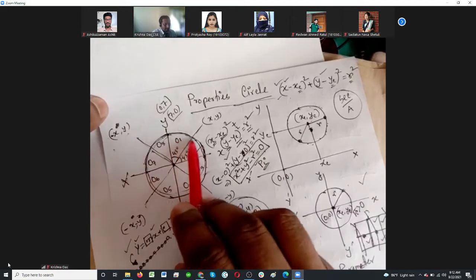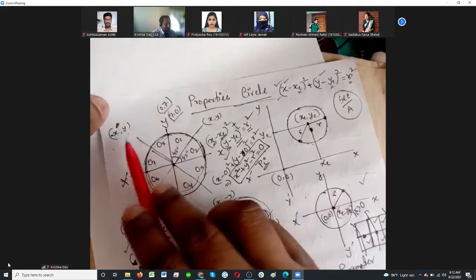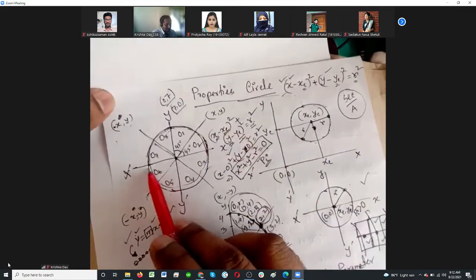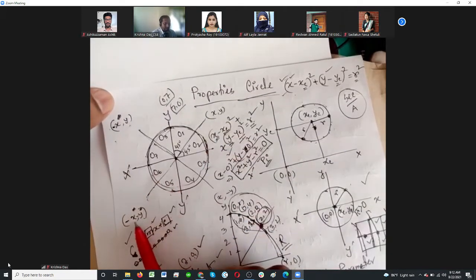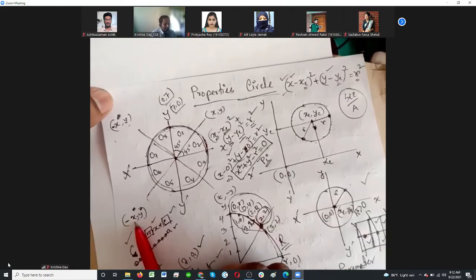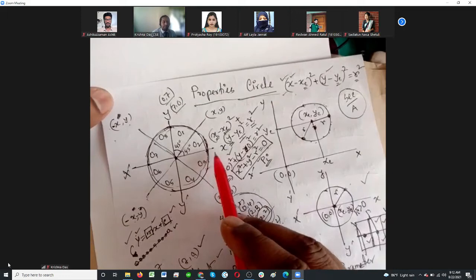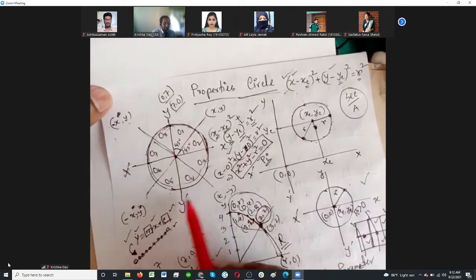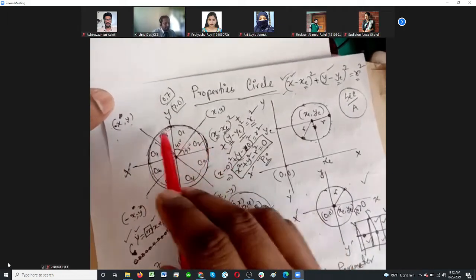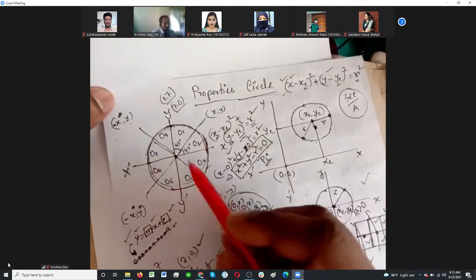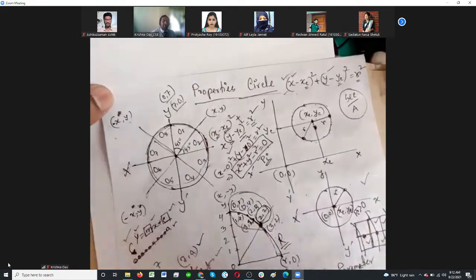Say all are minus x, then we get the second quadrant value. For the third quadrant, we change the value to minus x and minus y, and for x, minus y we get the fourth quadrant value. So the entire circle: 10 here, 10 here, and 10 here, so all 40 of those pixels will construct the circle.